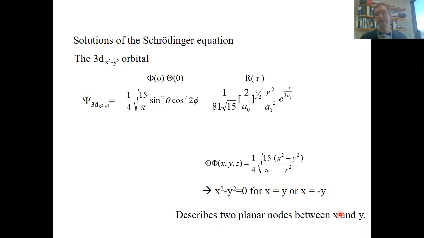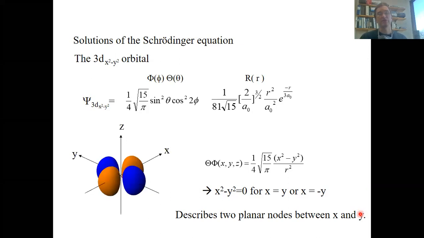They lie between x and y, so they bisect the xy plane, and z is variable, so the two planes extend into the z dimension, and that gives the x squared minus y squared orbital its characteristic shape.